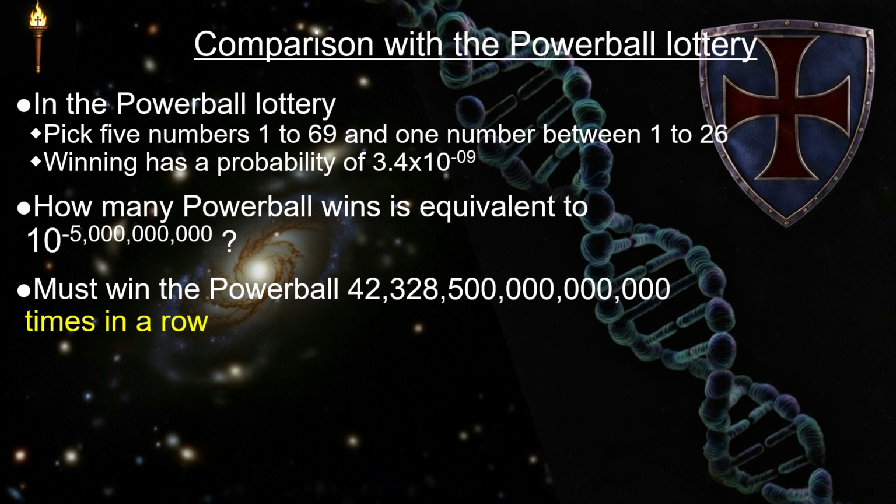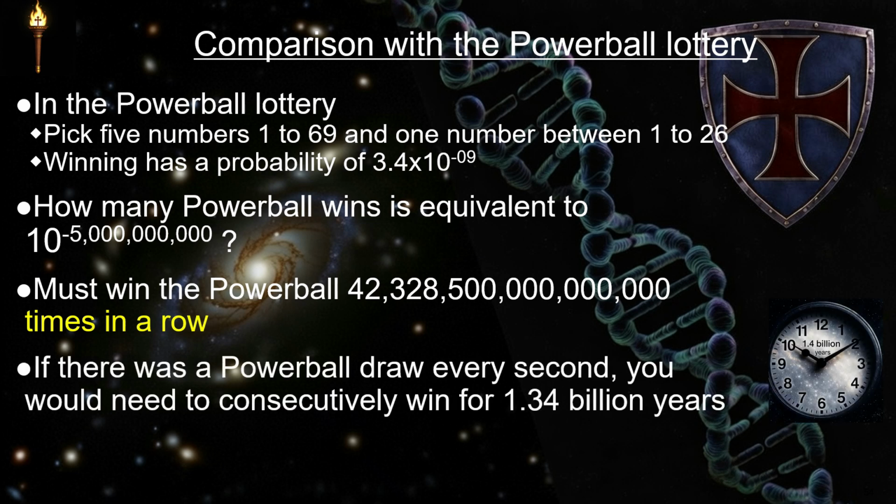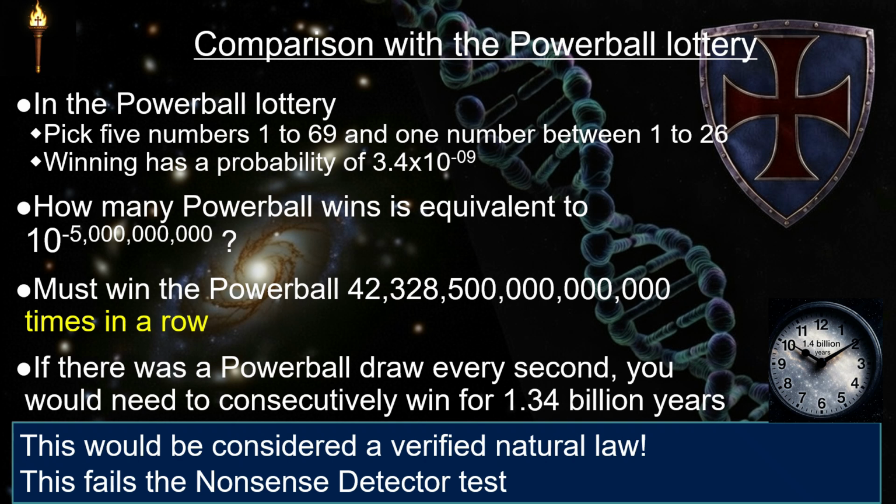So it's not just randomly winning, you have to win it consecutively. If there was a Powerball draw every second, you would need to consecutively win for 1.34 billion years to come up with an equivalent probability. So you're basically winning the Powerball every second for 1.3 billion years. Yet that would be considered a verified natural law. This obviously fails the nonsense detector test.